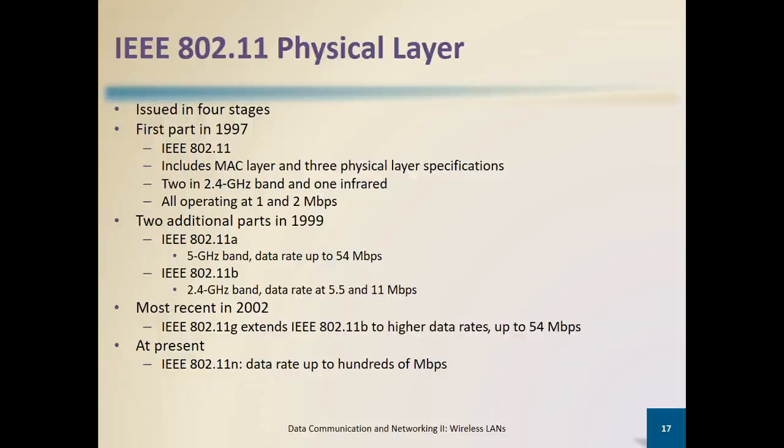Okay, so A was supposed to support the 5 gigahertz band with a data rate of up to 54 megabits per second, and the B was supposed to be for 2.4 gigahertz bands with data rates of about 5.5 and 11 megabits per second.